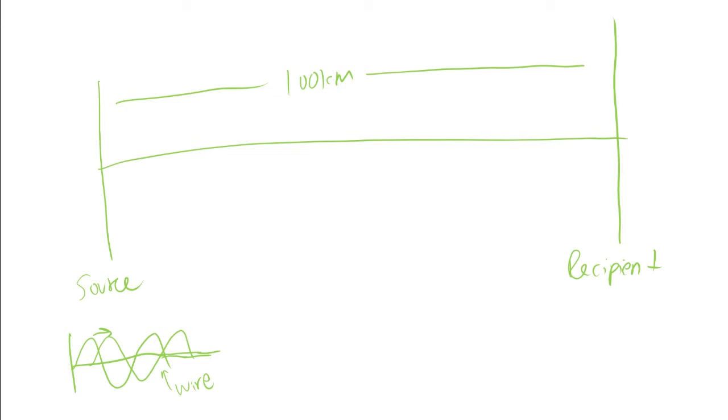So the way we can reduce this shift is we increase the frequency, because the higher the frequency, the faster the signal is transmitted. And we know that from the formula V equals F lambda.